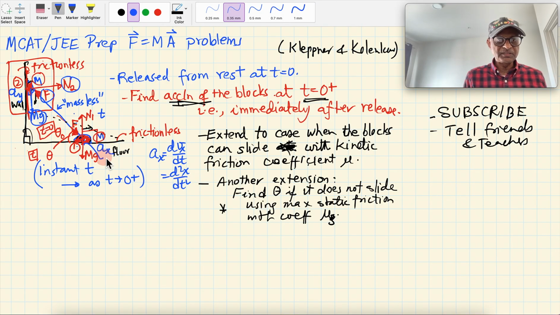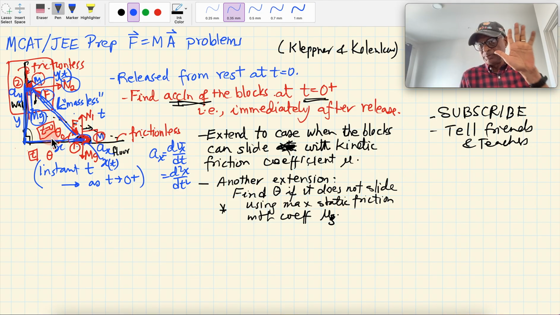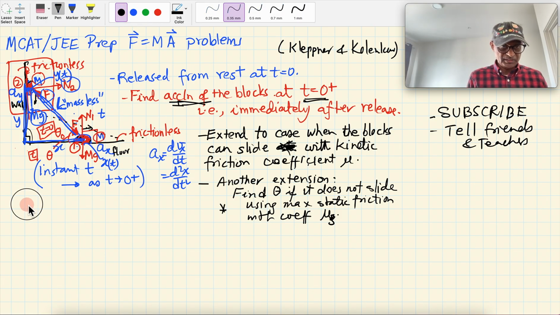If this guy's position is x(t) and this guy's position is y(t), right away I see, because the bar is of length L, that this y and this x are not independent. If the constraint is that it's always touching the wall and the floor, then we have a real deal here: a constraint.